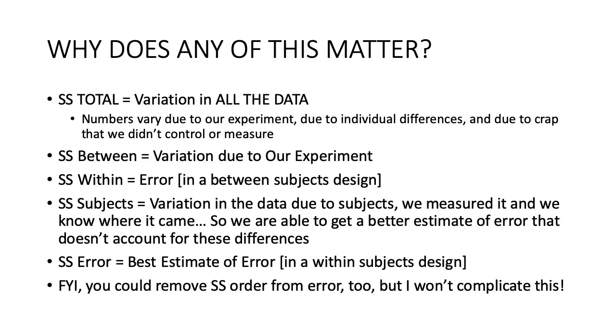If there is a general trend towards more sleeping, we can remove the order effects from our error term, in this very same way that we were able to remove subject effects from our error term. So I'm just letting you know that this is a creative and useful thing to think about. Now, this last one, I'm not going to show you how to remove sum squares order. It's an advanced move, but I want you to know that you can, okay?